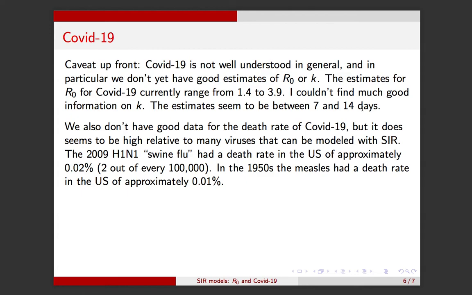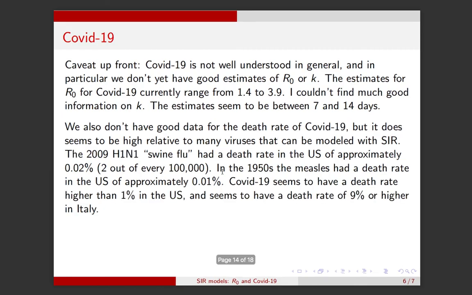If it's any version at all of the flu, which it's not, it is a much worse version. So, 2009 H1N1 swine flu had a death rate of approximately 2 out of every 100,000 people. Measles kills 1 out of every 100,000 people. So diseases like these classic SIR-modelable diseases, the death rates are not particularly high.